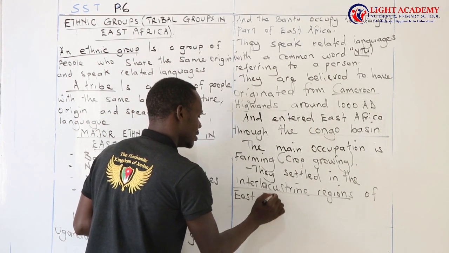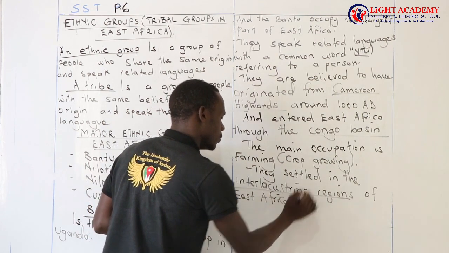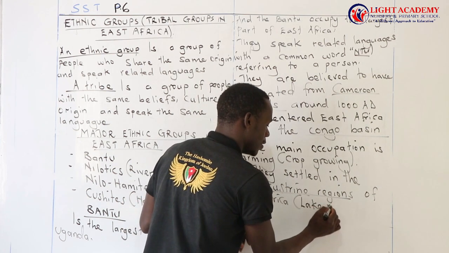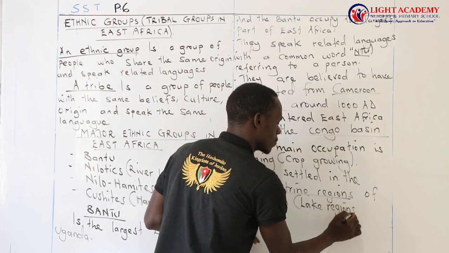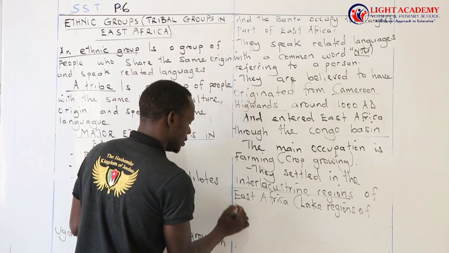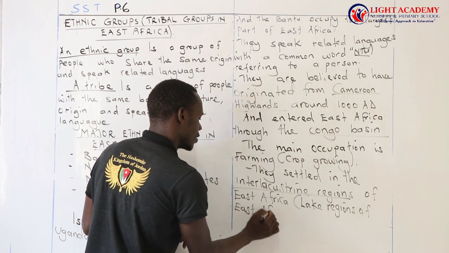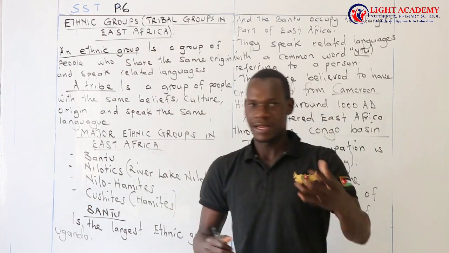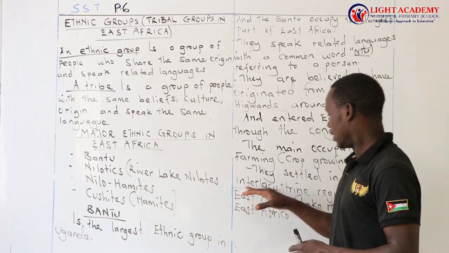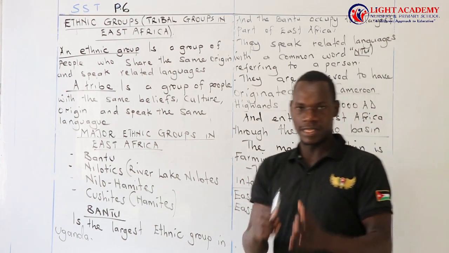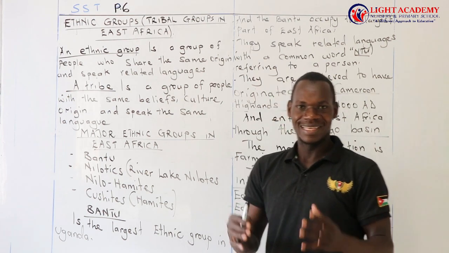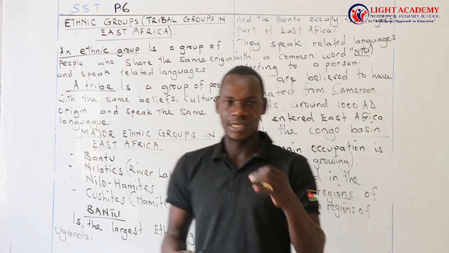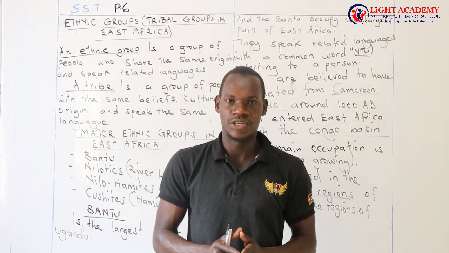My dear viewers, primary 6, I'm saying the interlacustrine regions, when these Bantu came, they settled in the interlacustrine regions of East Africa. Ask yourself a question: what are interlacustrine regions?